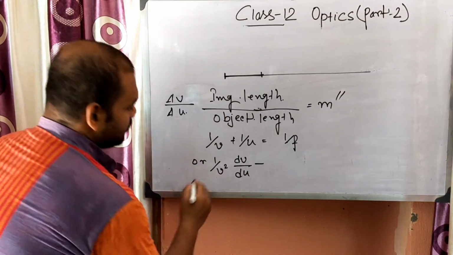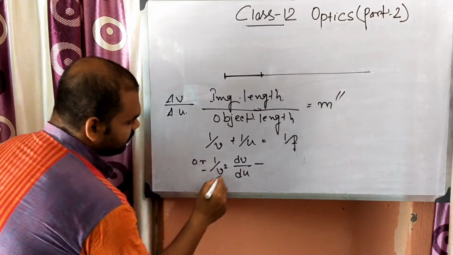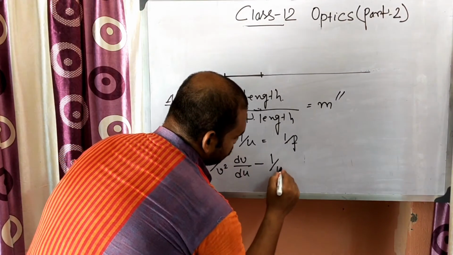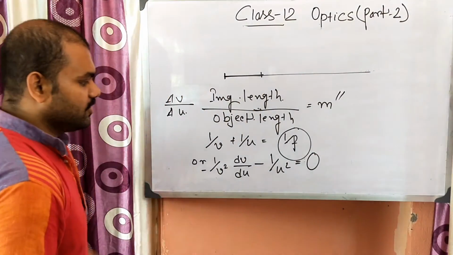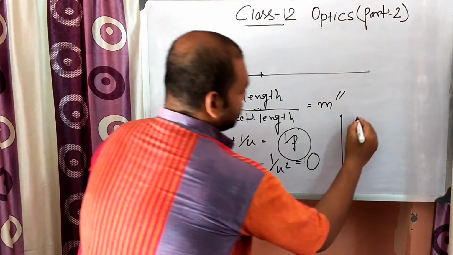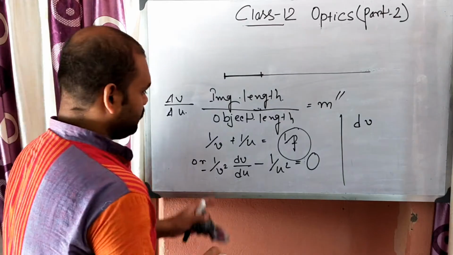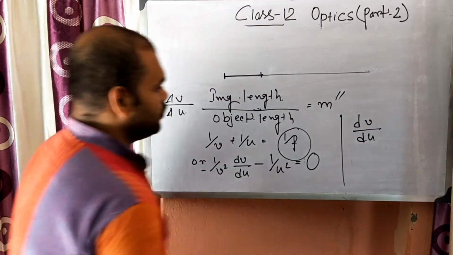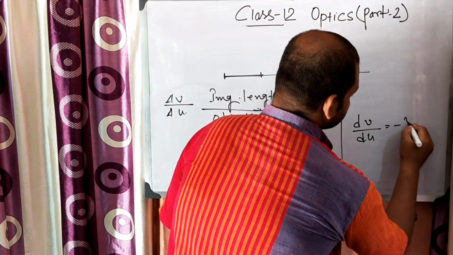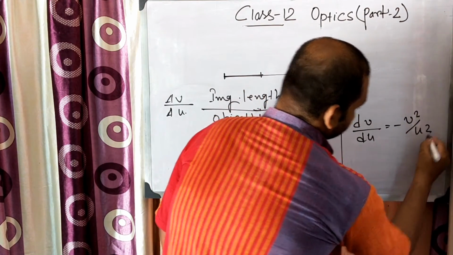Minus 1 by v square dv du minus 1 by u square, and as f is fixed, so we will get 0 here. So we will get dv du is equals to minus v square by u square.